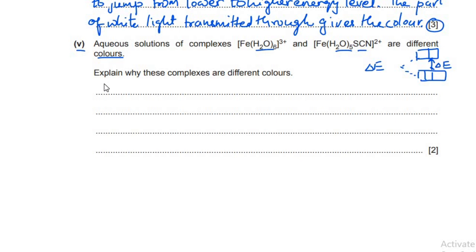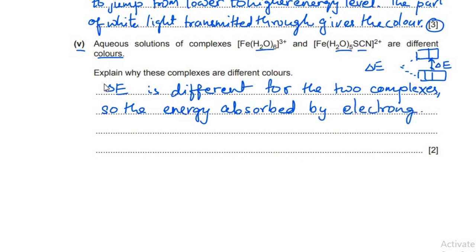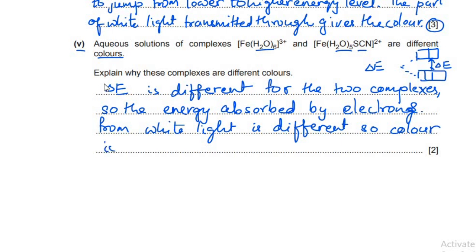So here if we explain, we can say that the delta E, that is the energy difference, is different for the 2 complexes, because of which the energy absorbed by electrons from white light is different, so color is different, as simple as that.